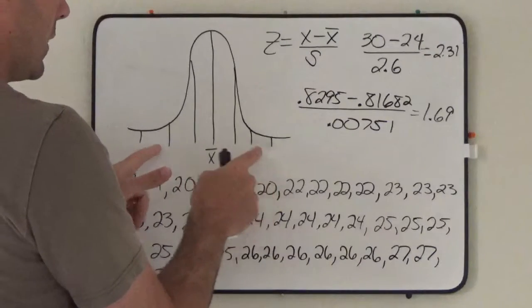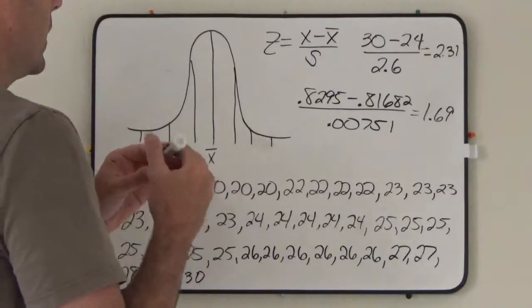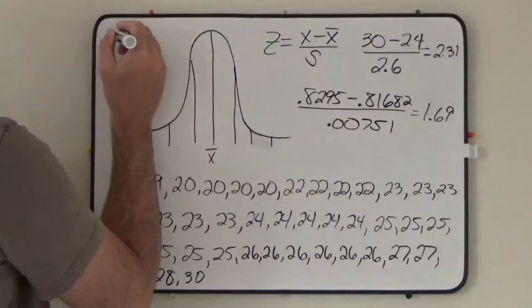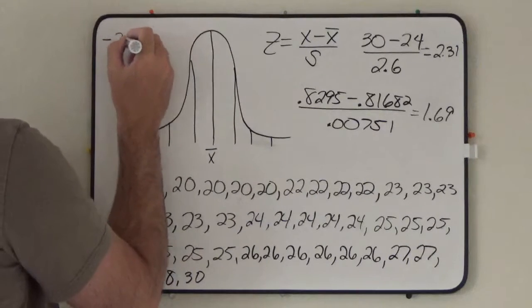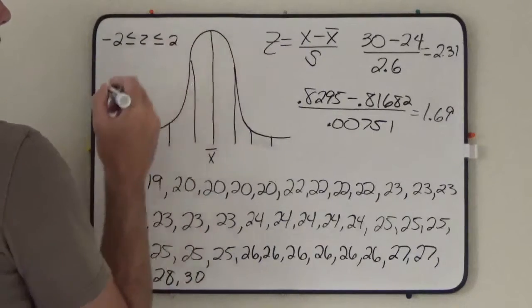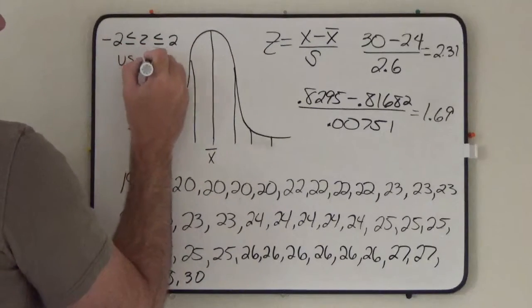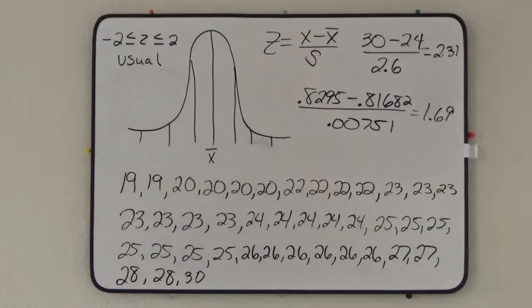Anything beyond the 2 would be unusual. So if the z-score is between -2 and +2, then this is usual. And if it's beyond -2 or +2 deviations, then it's unusual. Okay?